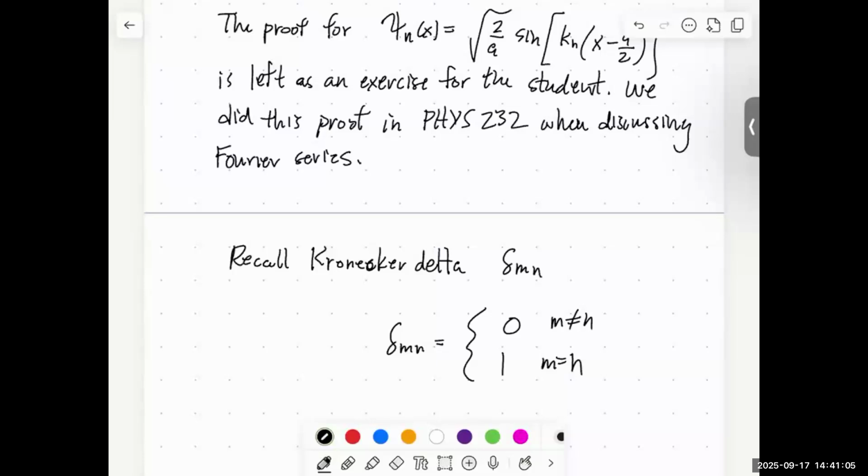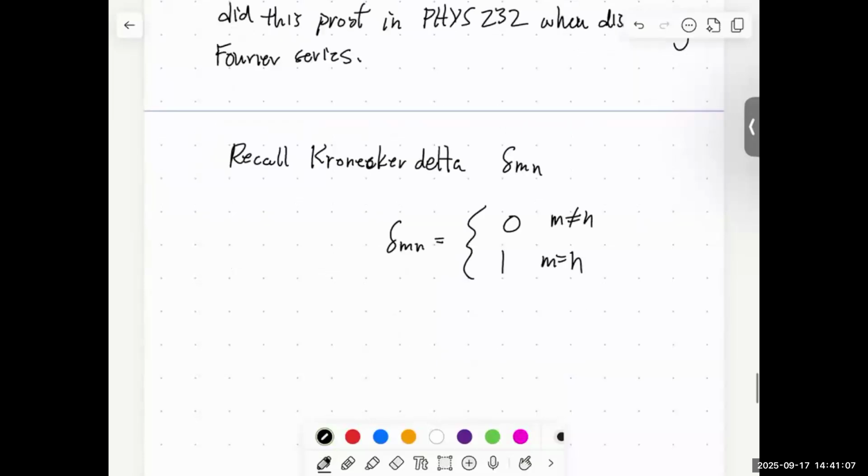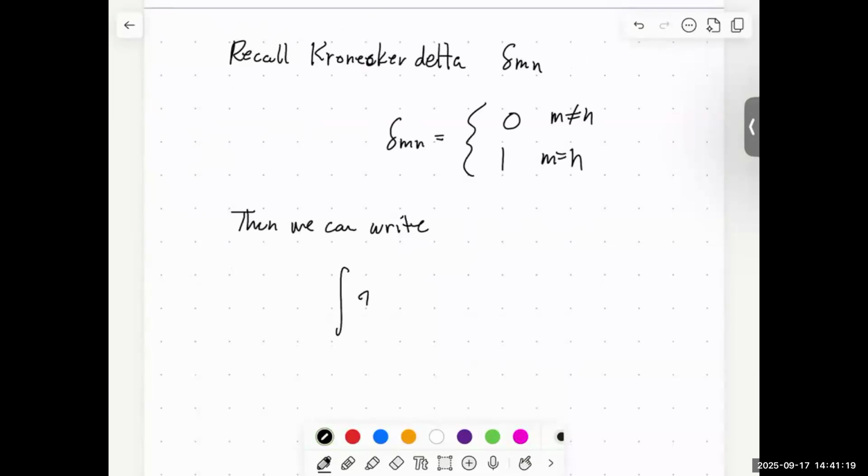This is very convenient because it allows us to write our orthogonality condition the following way. Then we can write that the integral of psi m star psi n over our domain, and I'm going to leave the limits of the integration out for now, is equal to the Kronecker delta.